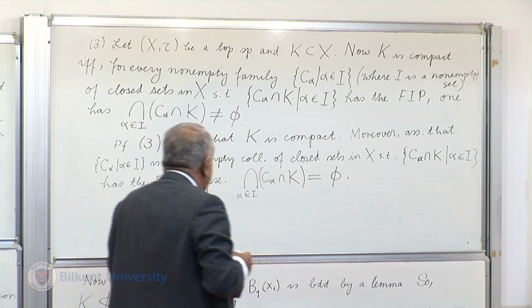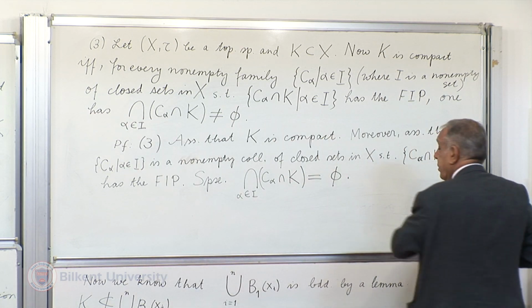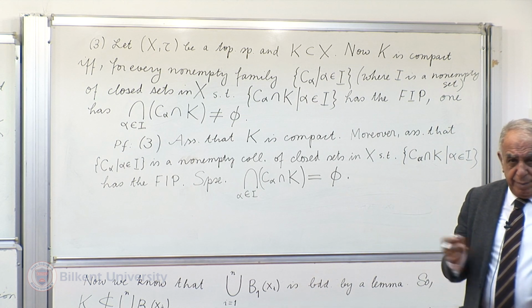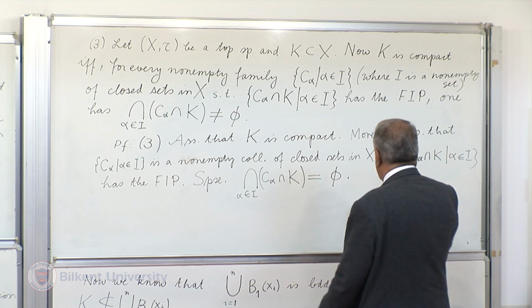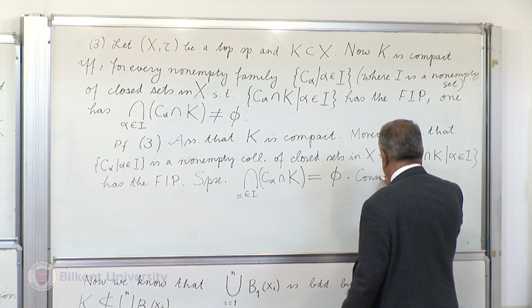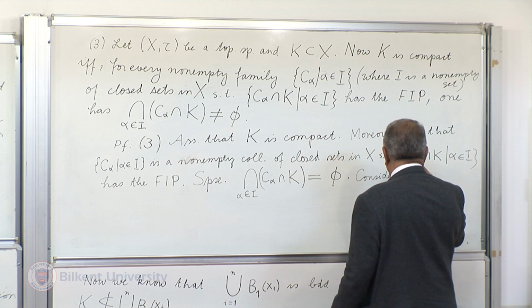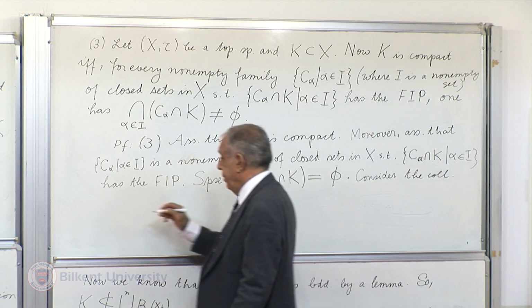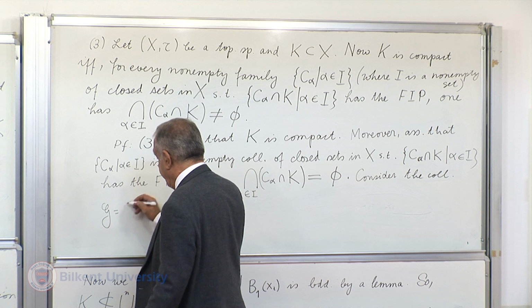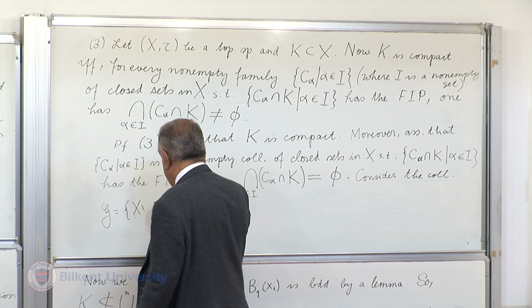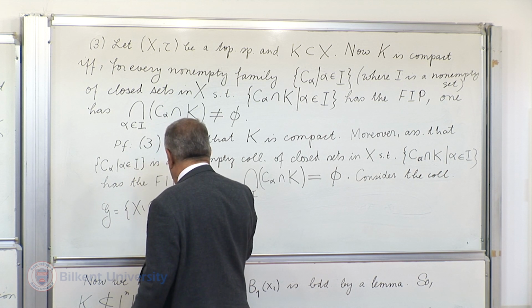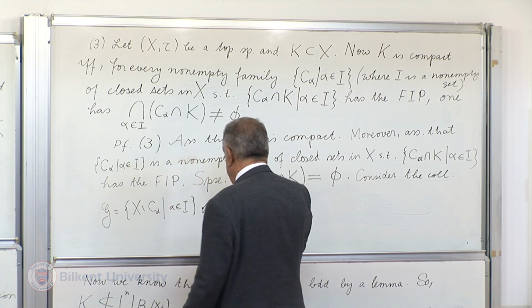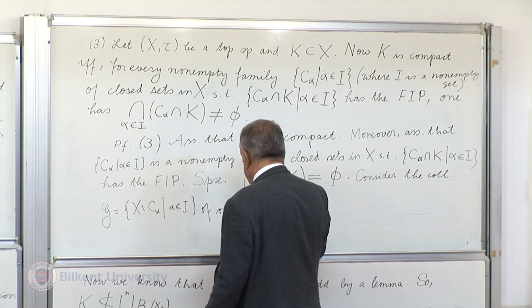Well, these are all closed, so their complements are open. Consider the collection G of X minus C alpha, alpha in I, of open sets.